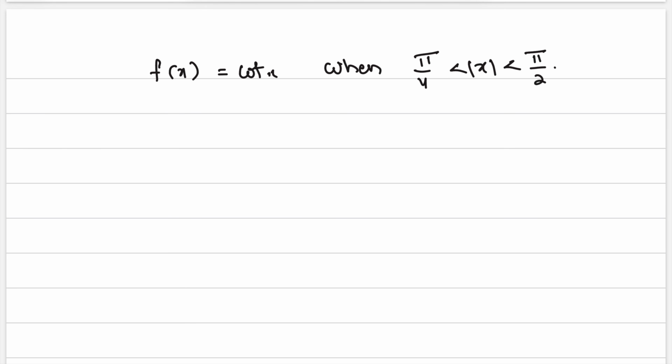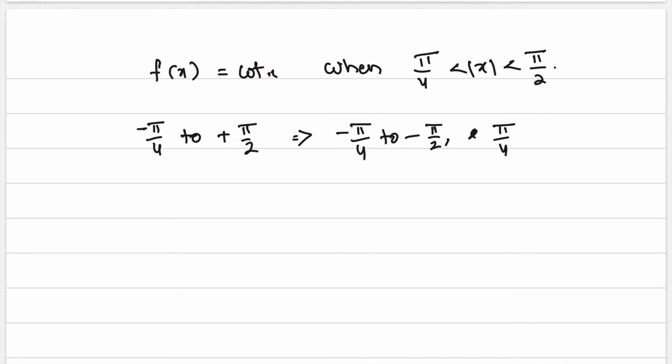That can be minus pi by 4 to minus pi by 2, and plus pi by 4 to plus pi by 2.